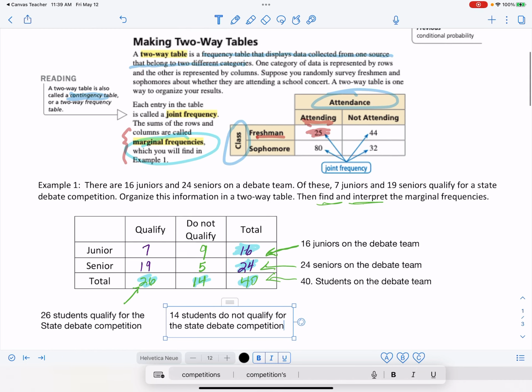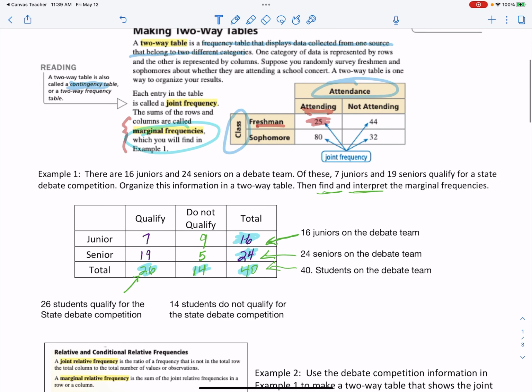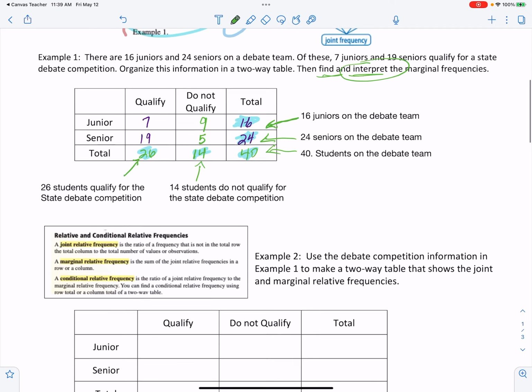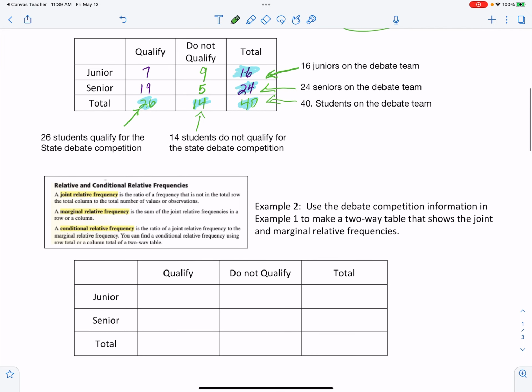All right, so that's what you have to do in terms of the descriptions. So watch for that word interpret on your homework, and if it's there, make sure you do that.